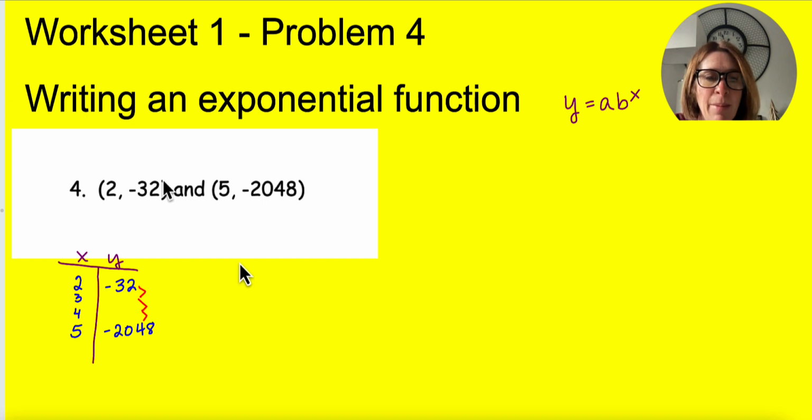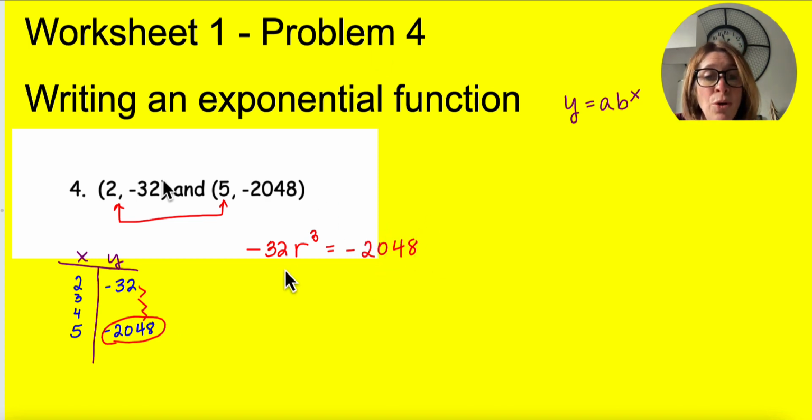So if you think about it, if we start with our negative 32, we would be multiplying by a ratio 3 times. And if you really connect the dots here, the 3 times would be 5 minus 2. So you'd take negative 32, you'd be multiplying by a ratio 3 times, and you should then get to negative 2048.